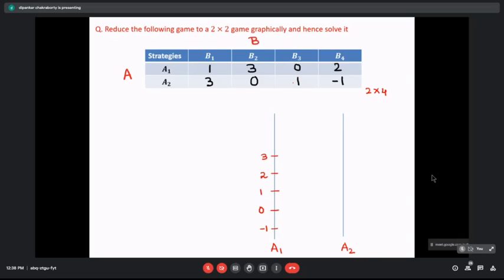I'm going to write down each of the integer values between -1 and 3. Whether it belongs to the payoff matrix or not does not matter. I can extend it up to 4 as well, and here I can start with -2 also. That does not matter. But the numbers should cover the range from the lowest element to the highest element of the payoff matrix.